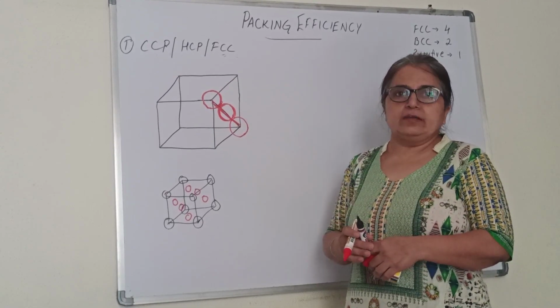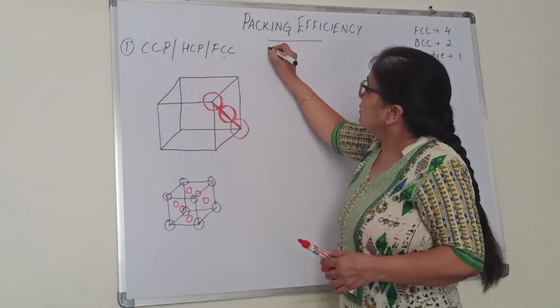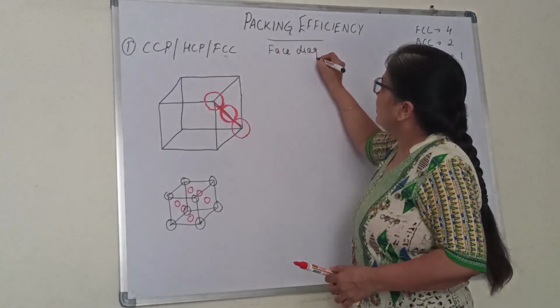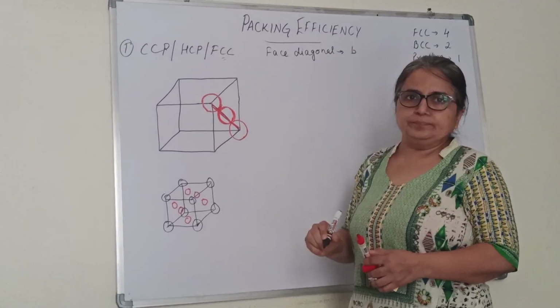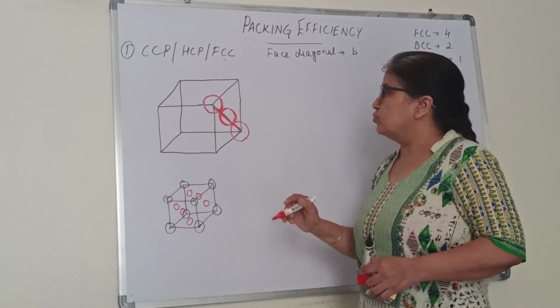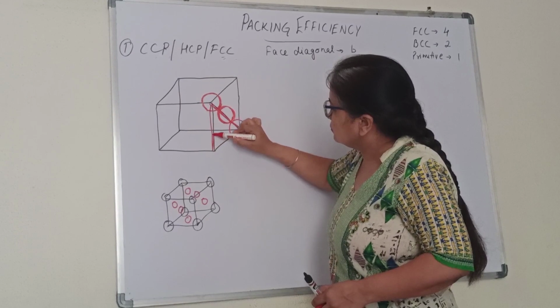This is a face diagonal. One thing we are writing here, that face diagonal will be represented by B. Okay, this is a face diagonal. So which triangle are we isolating, children? We are doing this. Another line is this one.